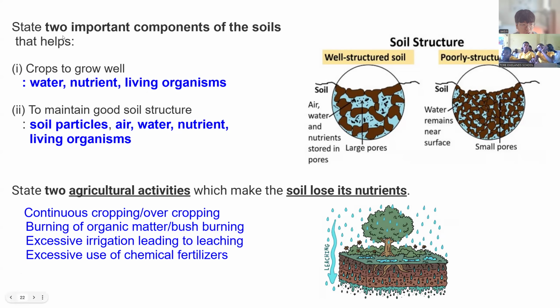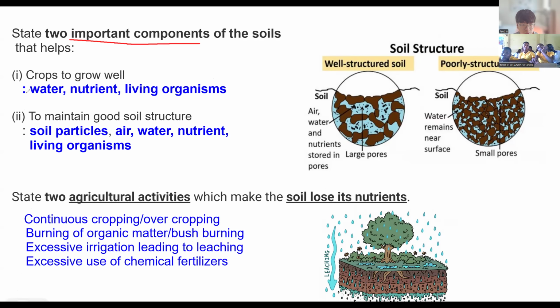All of those are important components in the soil that help the crops grow well. And second part, what helps to maintain good soil structure are the soil particles and also the same components that help the crops grow well. Things like air, water, nutrients, living organisms, all of them also help to make good soil structure.